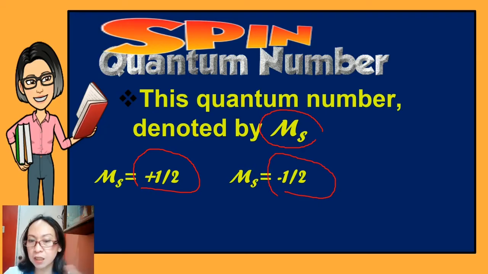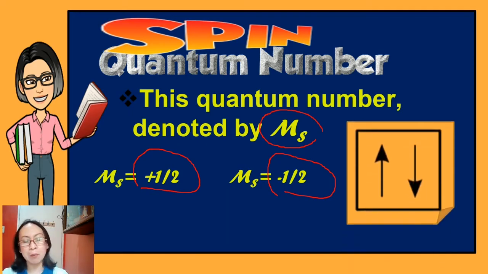Mamaya po, discuss natin when do we know na positive 1/2 and negative 1/2 ang gagamitin natin. Okay, let's have this diagram. Okay, sabi po natin kanina na ang isang orbital po can occupy a maximum of 2 electrons.